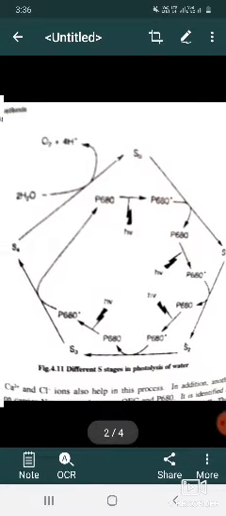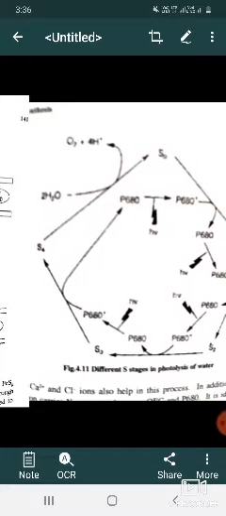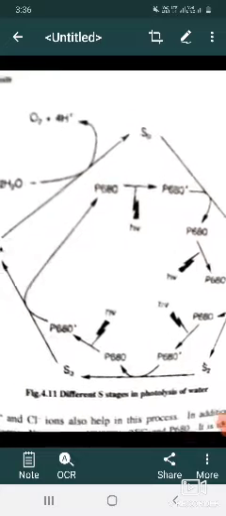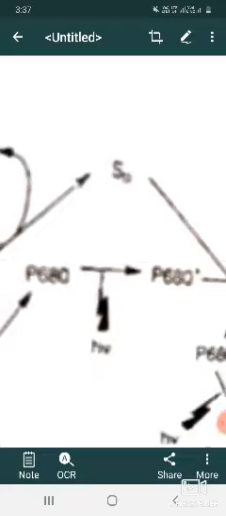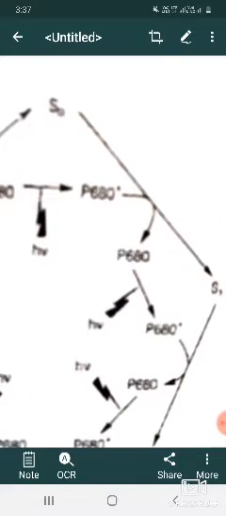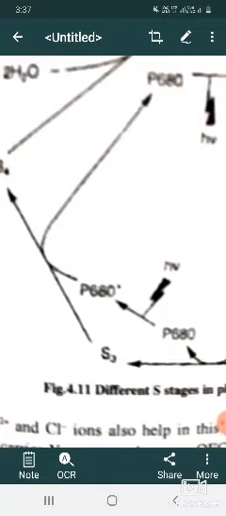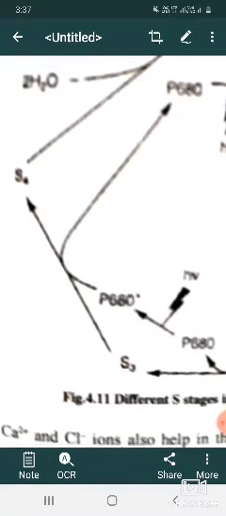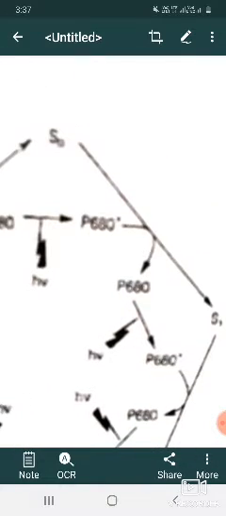Five stages in the OEC are indicated: S0, S1, S2, S3, S4. One electron is released from state S0 to S1.